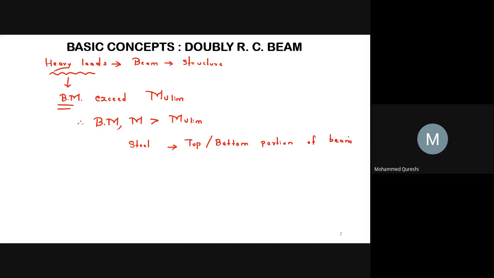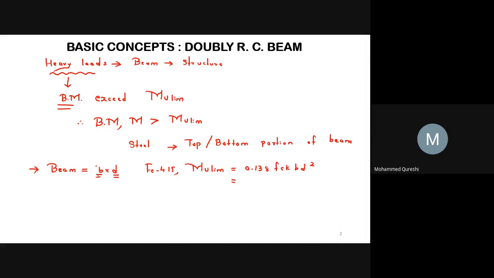Let us take an example. Suppose there is one beam whose dimension is B into D. So for Fe415, the equation of Mu limit will be 0.138 fck bd square.